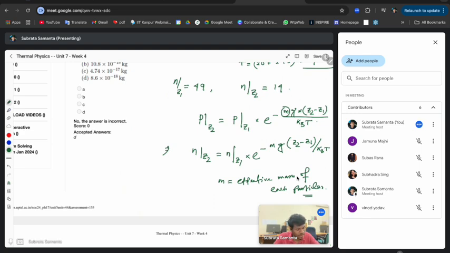Here n at z2 is given, n at z1 is given, g we know, and z2 minus z1 is also provided.